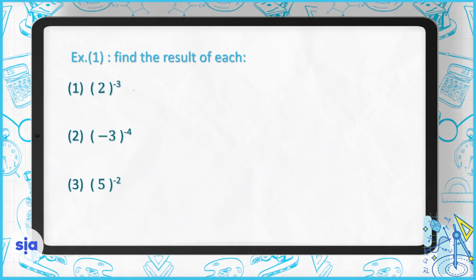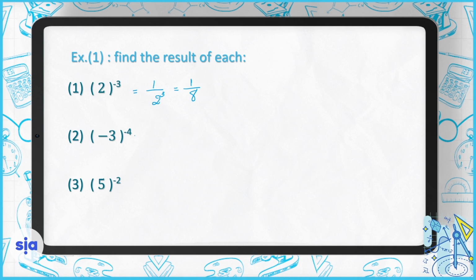Let's now go to exercise number 1. 2 to the power of negative 3 is equal to, yes, we get the reciprocal, so it's 1 over 2 power 3, which is 1 over 8.